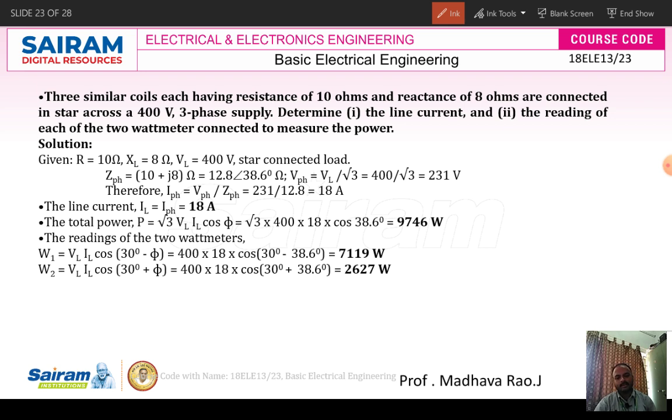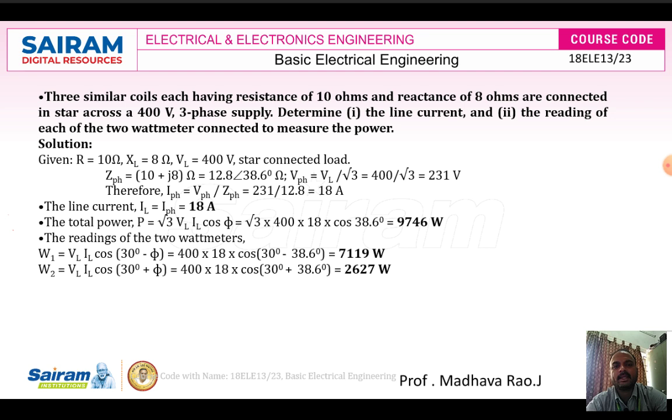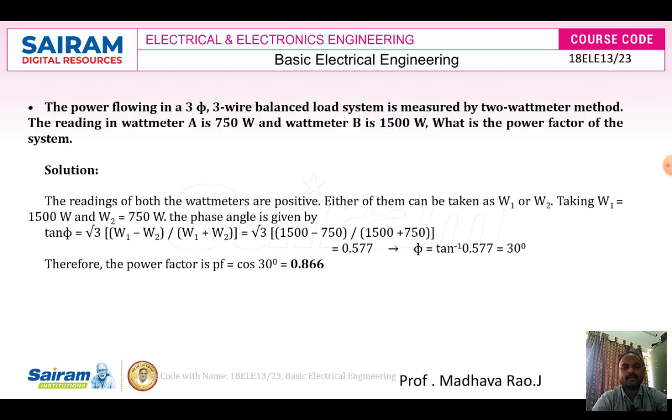Whether it is star or delta, we have to follow the basic equations, and according to that, you will get correct answers. So this is one problem related to star and the two wattmeter method. The first problem we have seen is related to the two wattmeter method, where we calculated the power factor of the system: cos phi is equal to cos of tan inverse of root 3 (W1 minus W2) by (W1 plus W2).